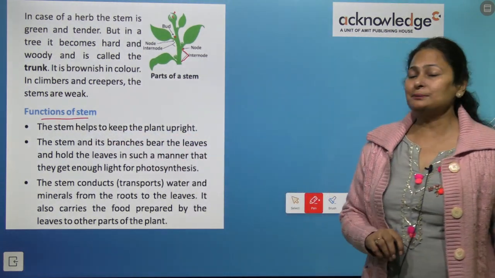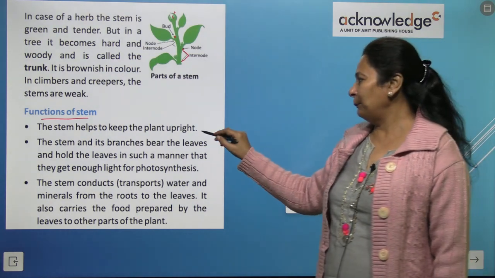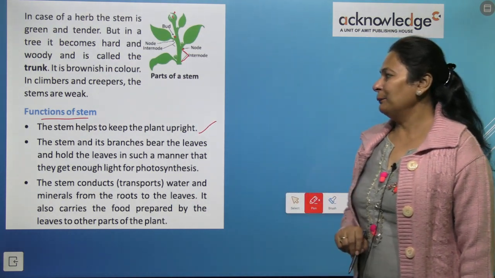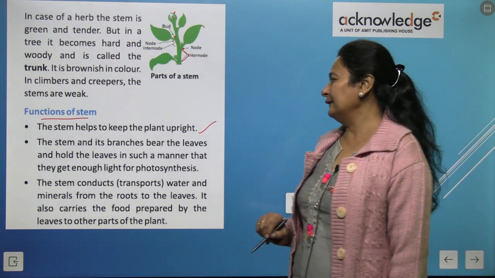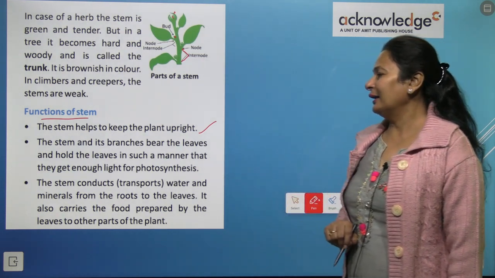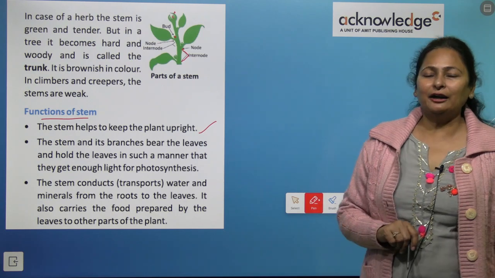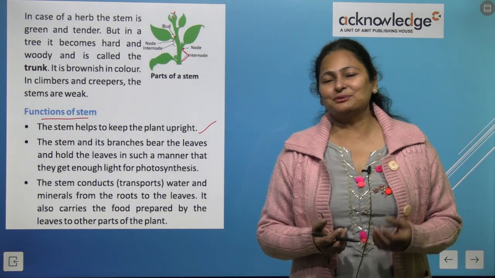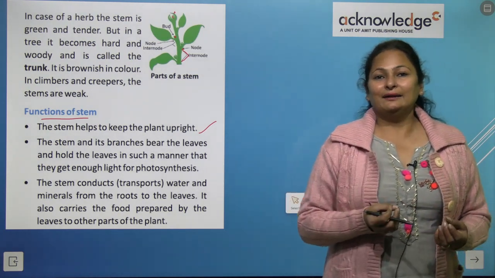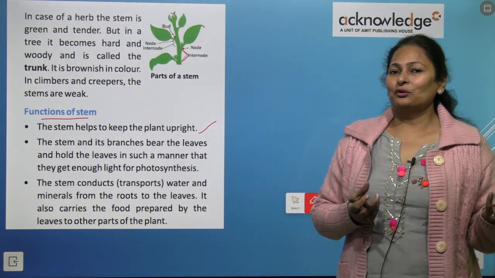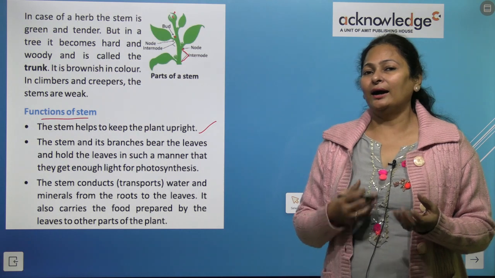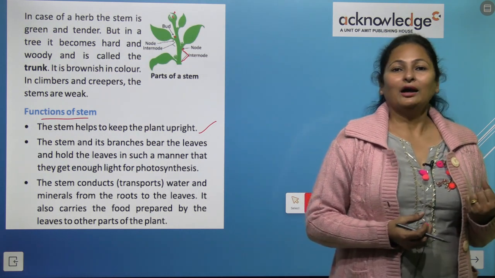So let's see the functions of the stem. The stem helps to keep the plant upright. The stem and its branches bear the leaves, holding them in such a manner that they get enough light for photosynthesis. We all know that leaves are the kitchen of a plant and have chlorophyll, so leaves are responsible for making food.